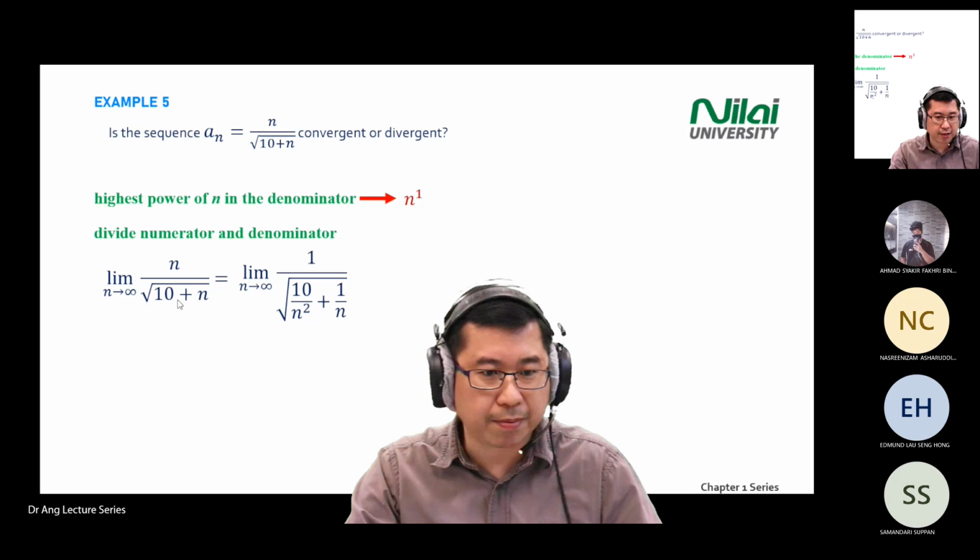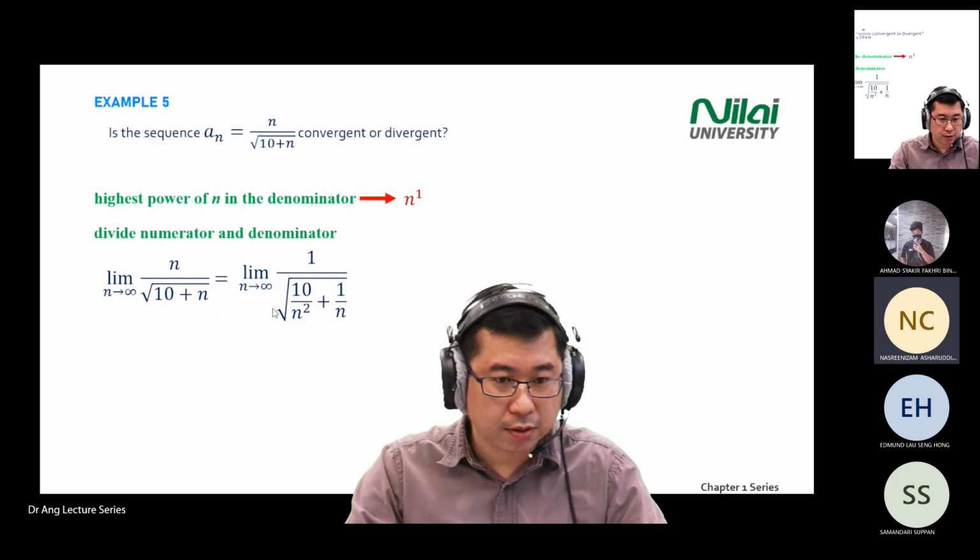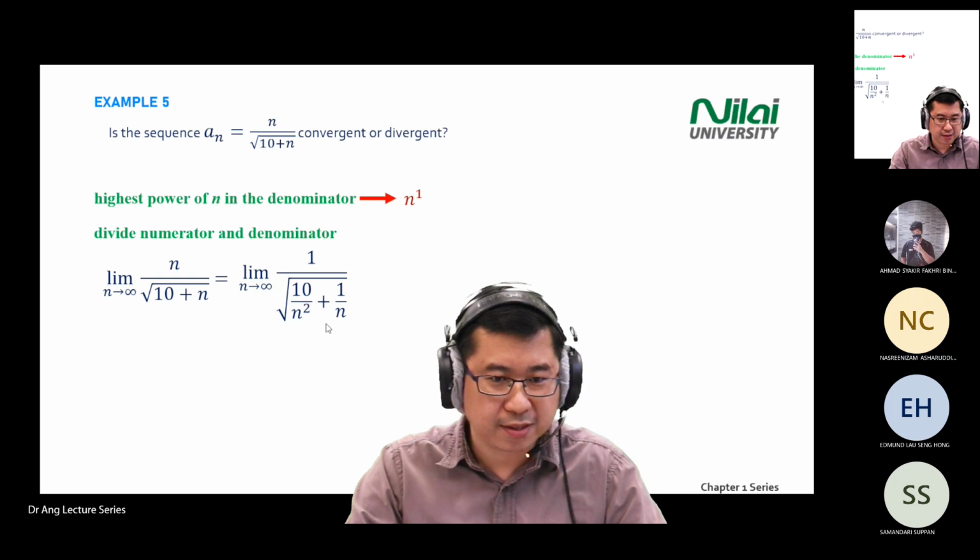This one to this one? Yeah, this one I understand. The right side, you understand this one, right? Okay. So I'm trying to explain how to get from here to here. So you understand how to get 1, right? Yeah, the 1 I understand. You understand why 10 is divided by n squared or not? You don't understand.